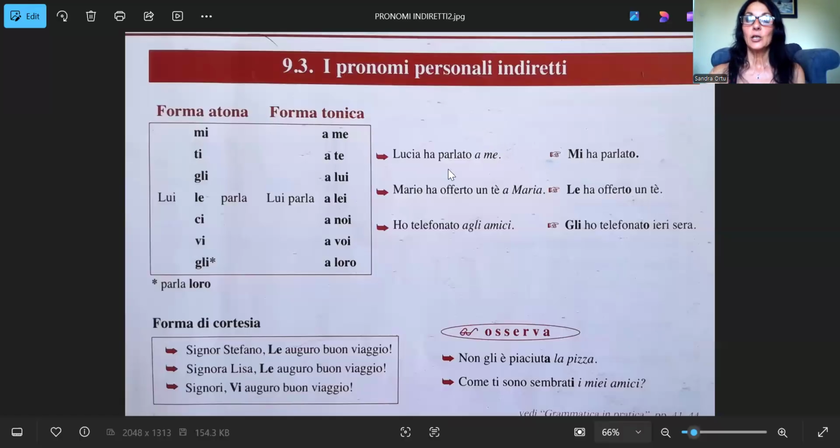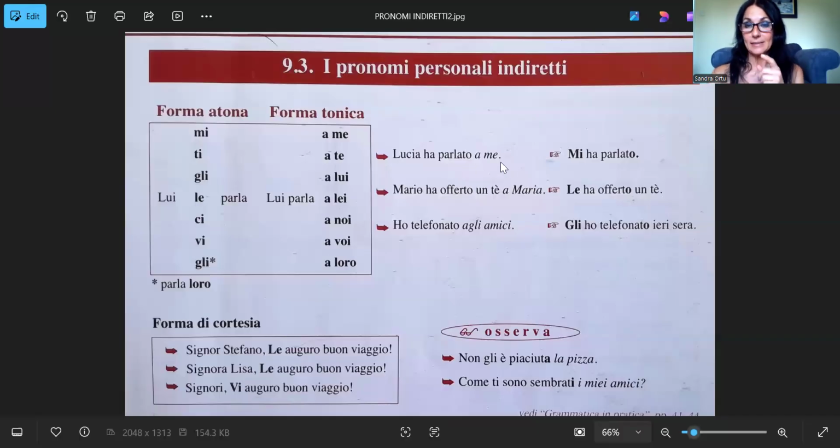We have Lucia ha parlato a me. So in this case, using the strong form, we are putting emphasis and specifying that Lucia talked to me. She didn't talk to anybody else. She chose to talk to me.